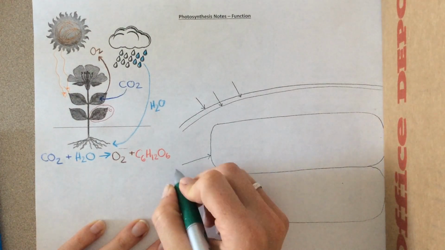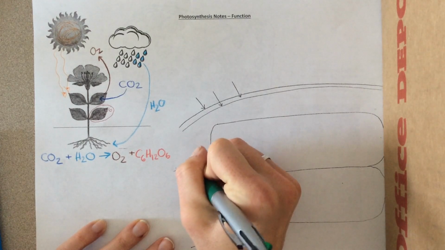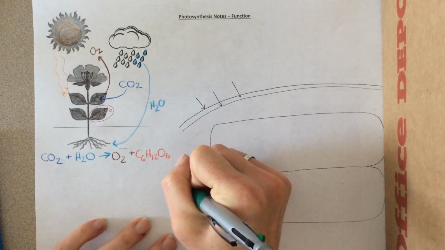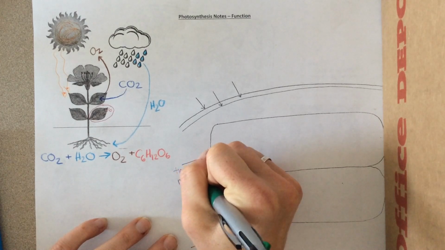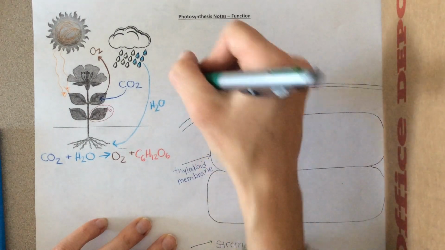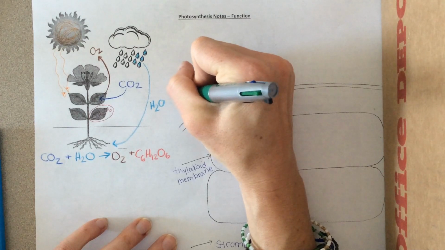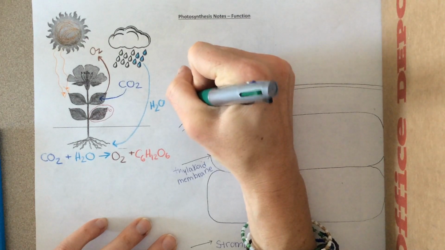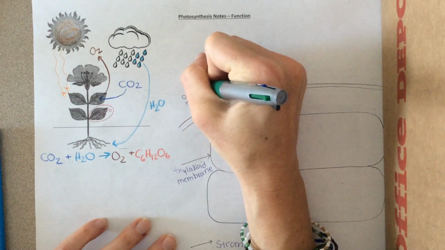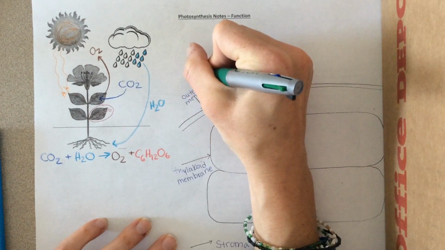This arrow here is pointed to a thylakoid membrane. That's where photosynthesis actually happens. This line out, the outermost line out here, is the outer membrane. Then this one, I'm going to make it a little longer because I ran out of space.